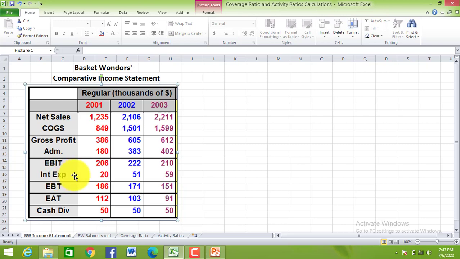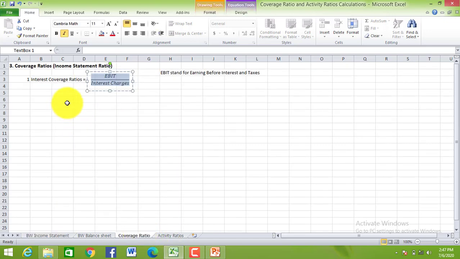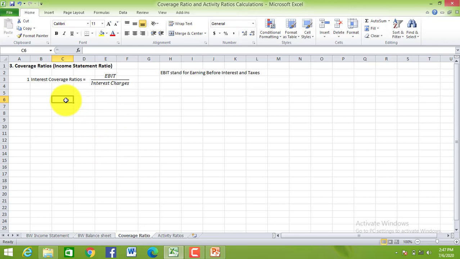INT means interest expense. If we want to calculate the interest coverage ratio for three years, that is 2001, 2002 and 2003, we just have to write it over here.